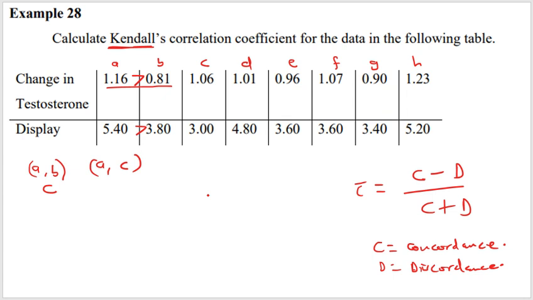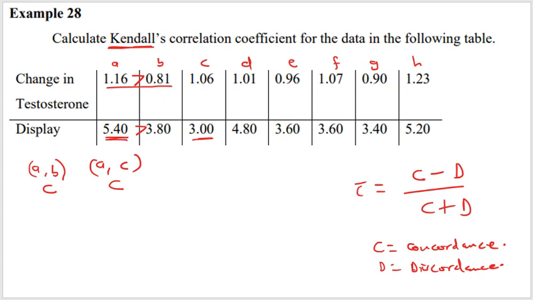But when we take the display, A is also 5.40 and for C it is 3.0, so 5.40 is greater than 3.0. Therefore, there is still a concordance between them.